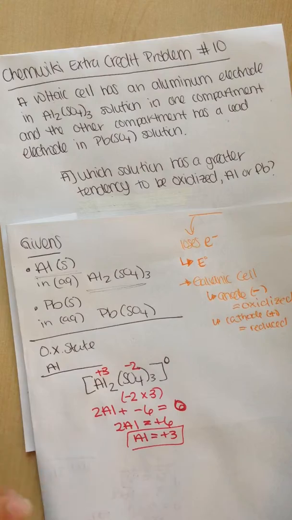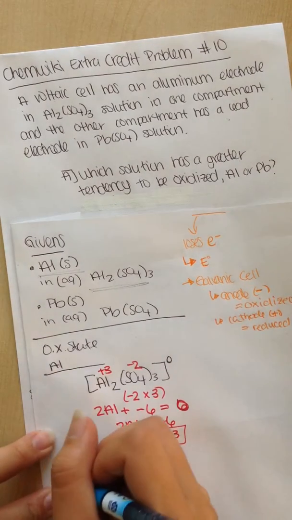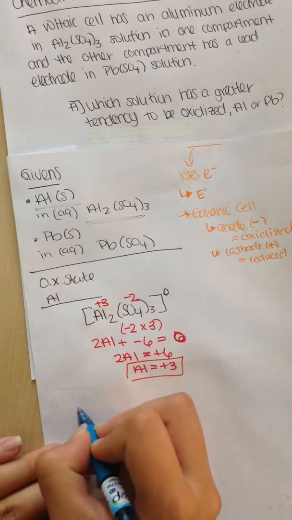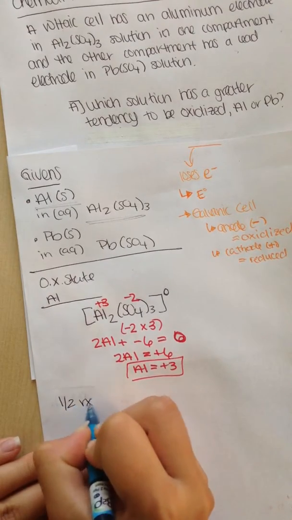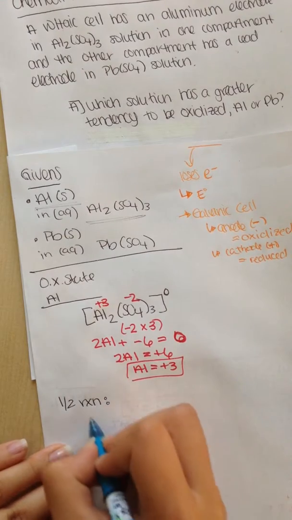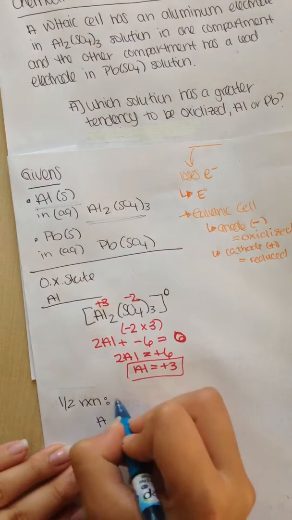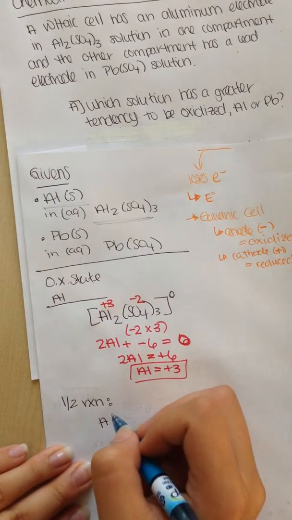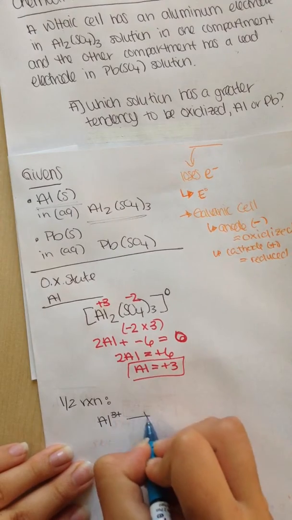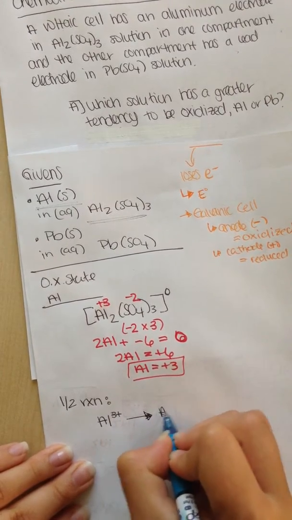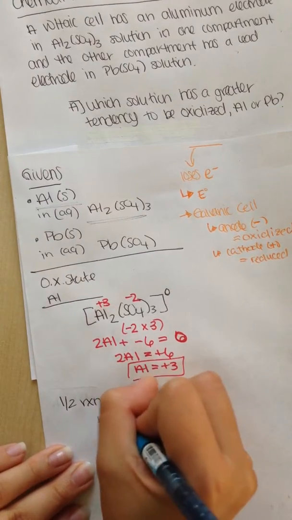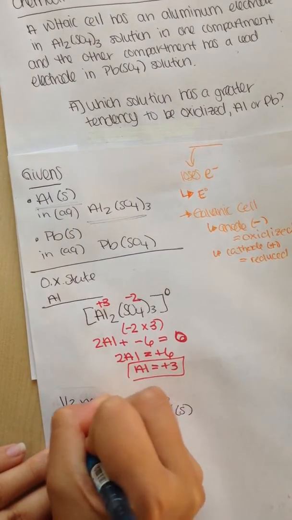So now we write our half reaction. The half reactions have to be in reduction. So we have aluminum 3 plus goes to aluminum solid. So this is 0, this is +3, we need 3 electrons.